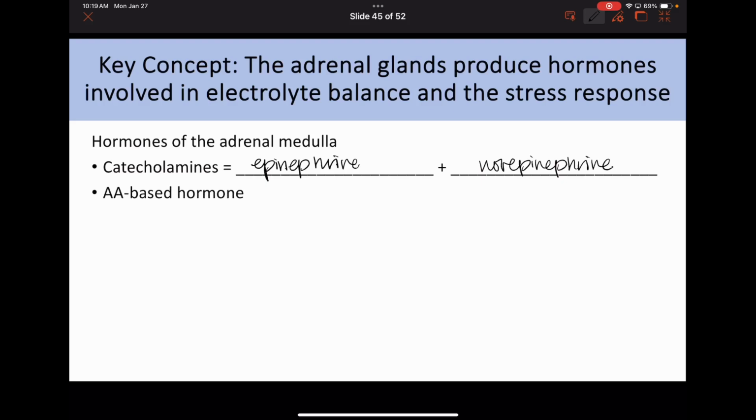They are amino acid-based hormones, and therefore they're going to be short-term responses because they use the second messenger system, which has already made products to carry out the response, and it's cleared by the kidneys, which is a much quicker process than clearing through the liver. And that should already be in your notes.